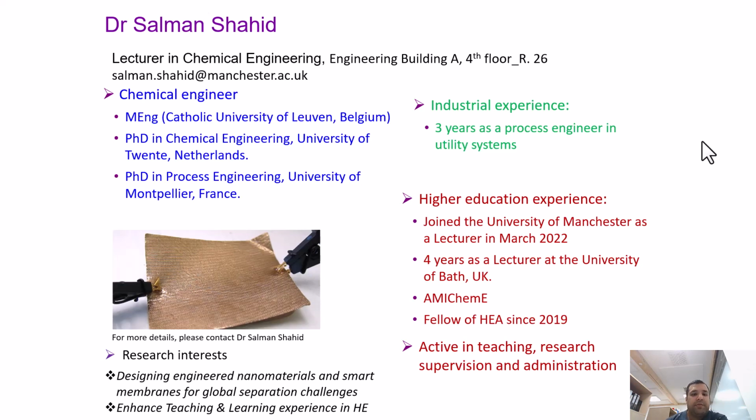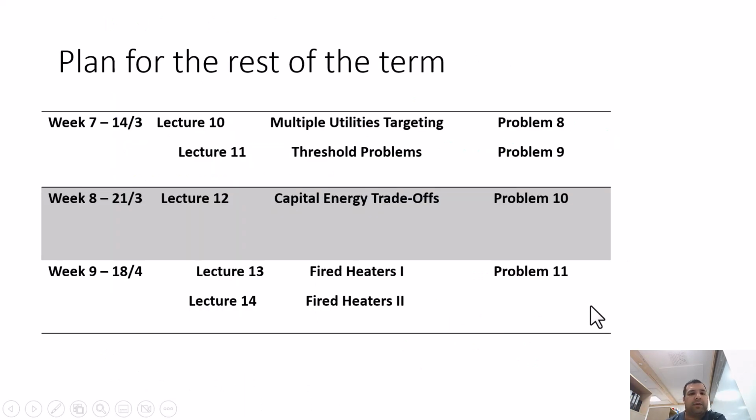So just to give you an idea of how the rest of the course will be running, it is slightly different from what Simon put online, as I have already modified it. We will continue with the next lecture on the coming Thursday, that is week 7, and we will talk about multiple utilities targeting and threshold problems.